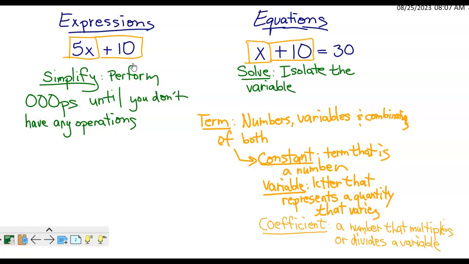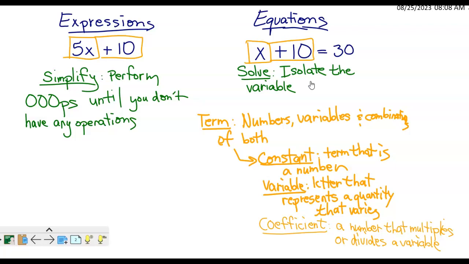All righty? An equation, on the other hand, can be solved. So what does that mean to solve an equation? It means isolate the variable. And what isolate means is to get the variable all by itself on one side of the equation.